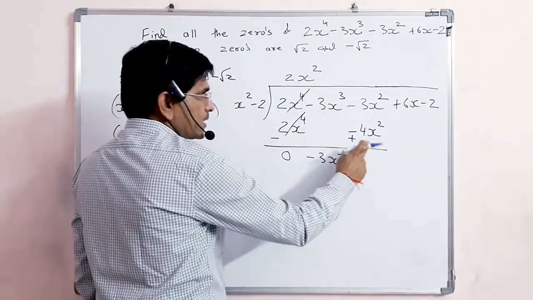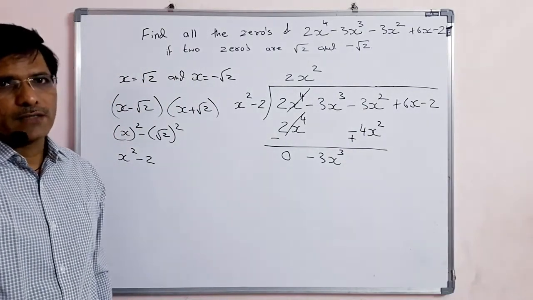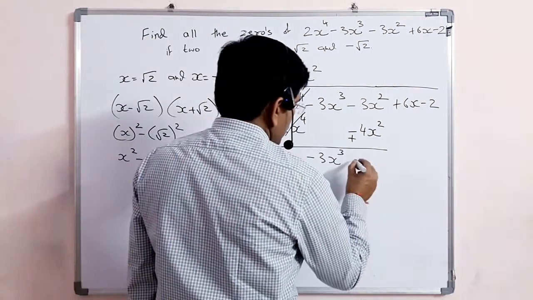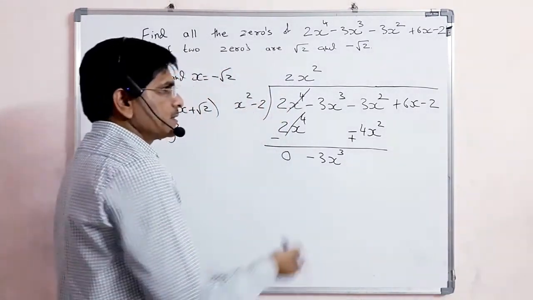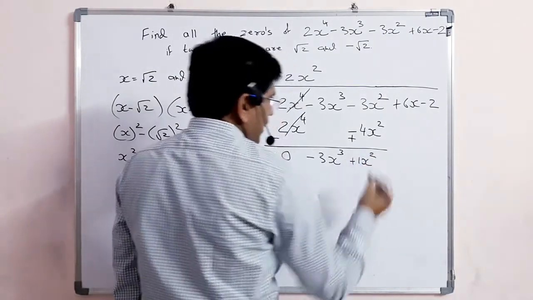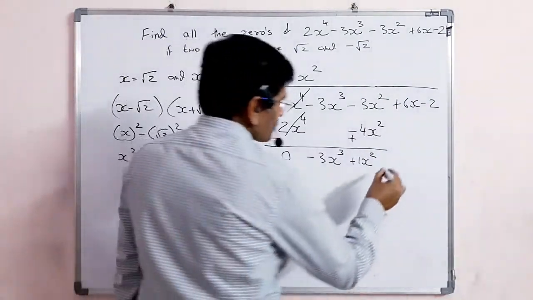Again plus 4x squared minus 3x squared. Plus minus is minus, so we do subtraction. 4 minus 3 is 1, but the bigger term is plus, so we write plus 1x squared. And from above I write plus 6x.